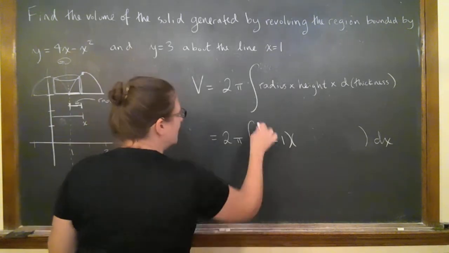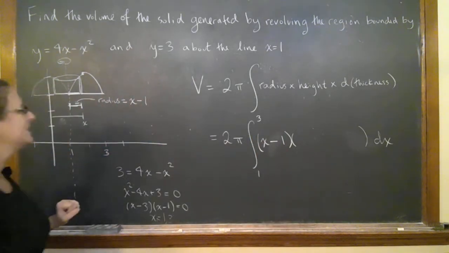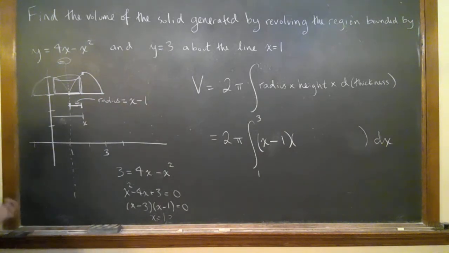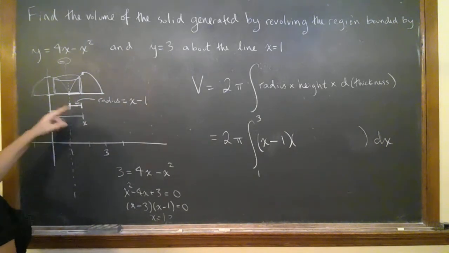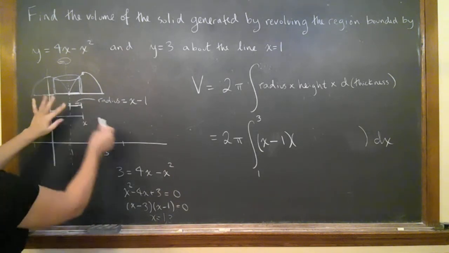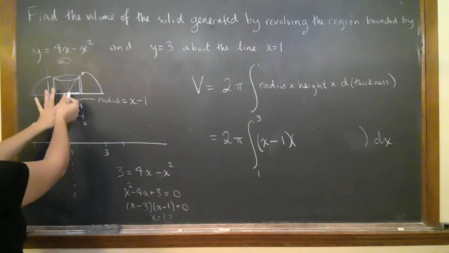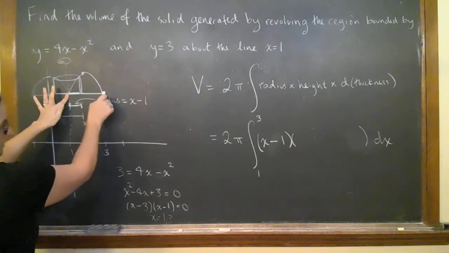Notice that my radius is x minus 1, so the radius starts at 0 and then goes to 2.